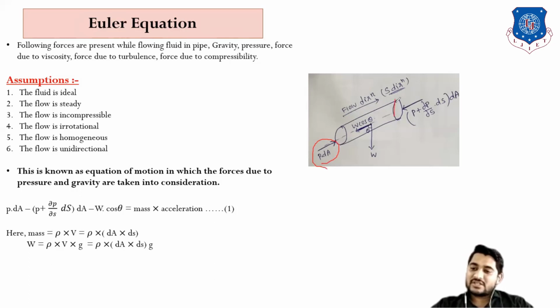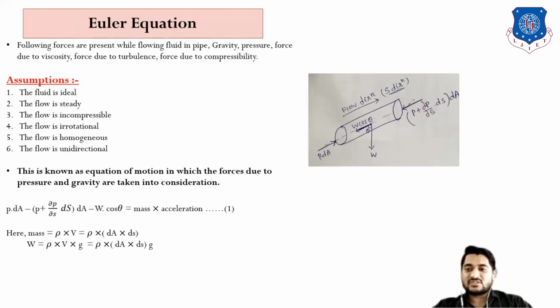In the opposite direction, due to the pressure gradient, pressure increases, so pressure P plus pressure gradient, that means del P by del S, into ds, the increase in pressure over a particular length del S, into the small cross-sectional area dA.